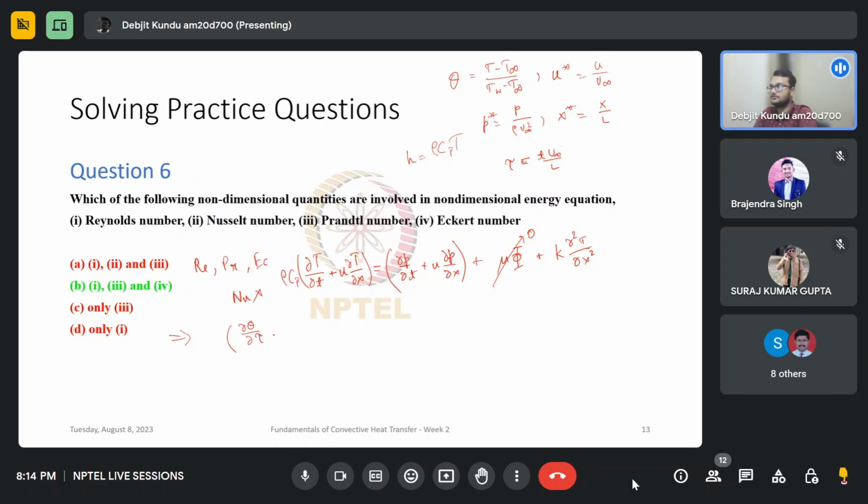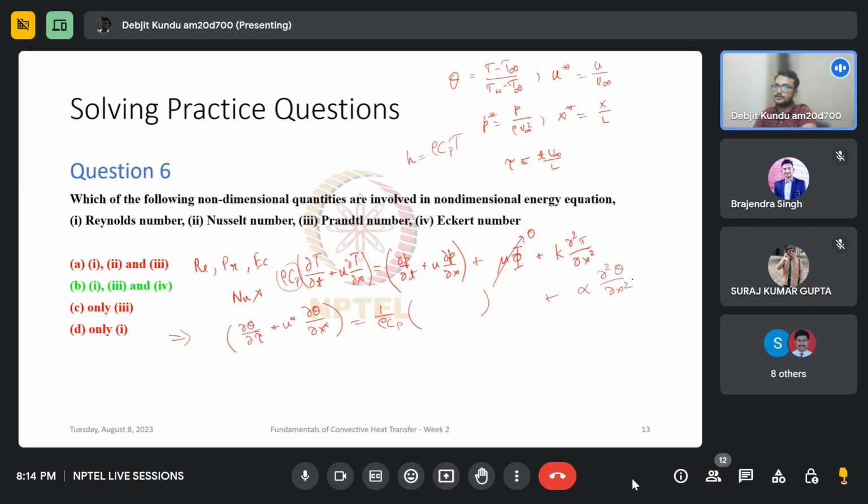So dou tau plus u star dou theta dou x star. I'll send this rho Cp on this side. So it will be 1 by rho Cp over here, whatever we write down later. And k by rho Cp, we will get alpha, and into this thing.